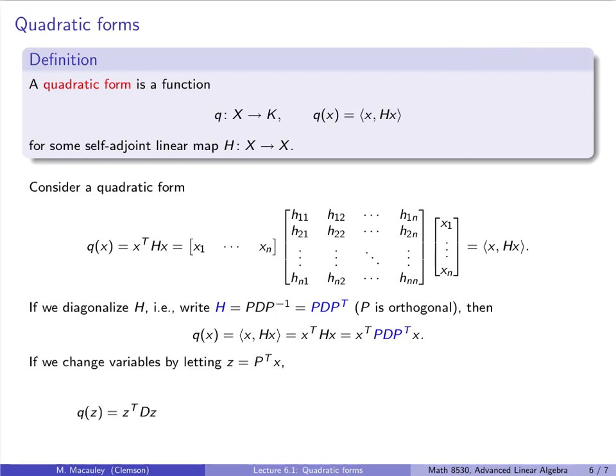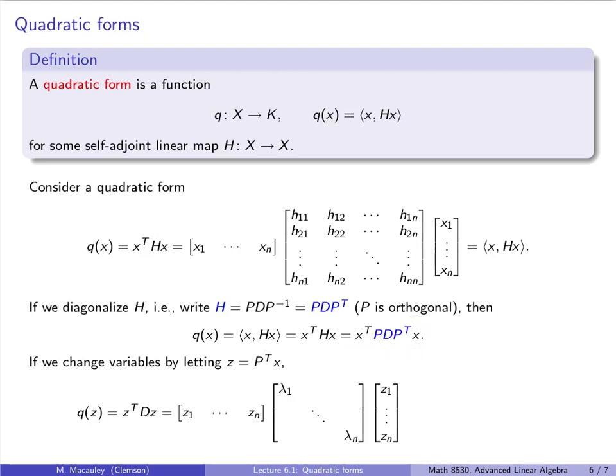So if we make this change of variables by letting z be equal to P transpose x, then this quadratic form in terms of z is z transpose D z. So you can see that this is z, and z transpose is x transpose P.